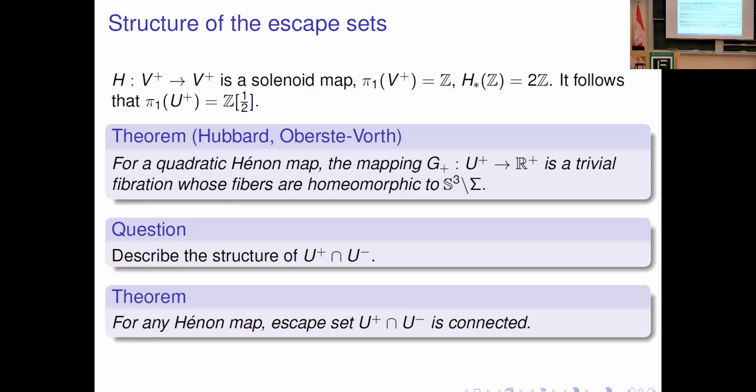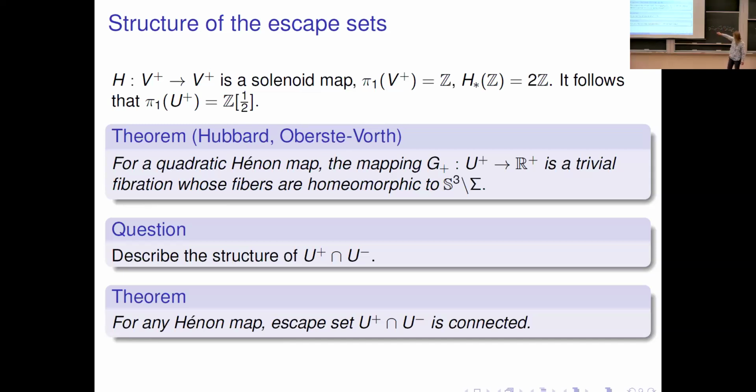So what you get is that the fundamental group is the dyadic group. Dyadic group meaning that you look at the elements with denominators powers of 2, an integer divided by a power of 2. So this is the fundamental group of U plus.